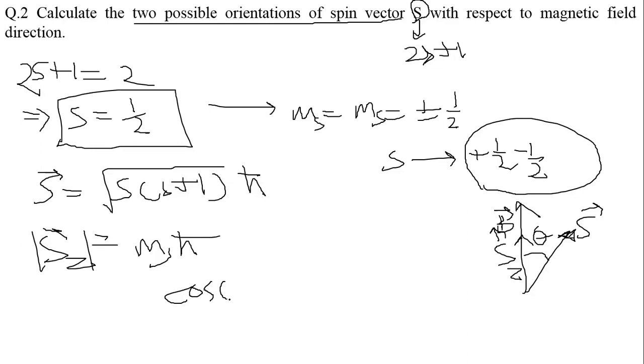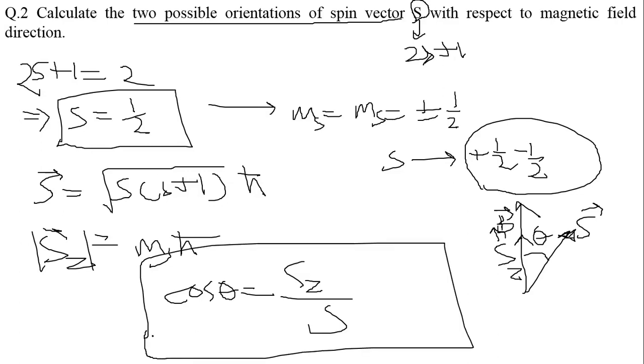We will get cos theta is equal to S_z by S. This relation will be used to calculate the orientation, because cos theta equal to S_z by S gives the value of theta.